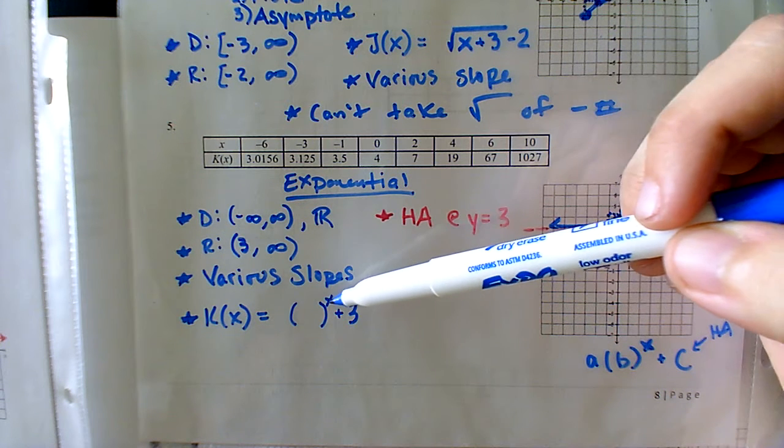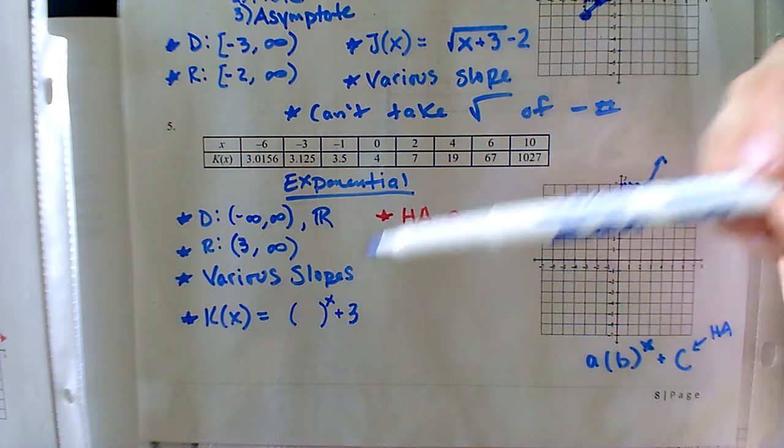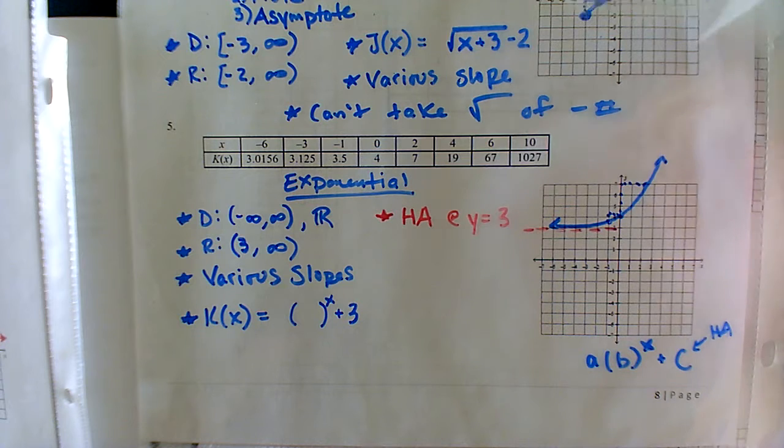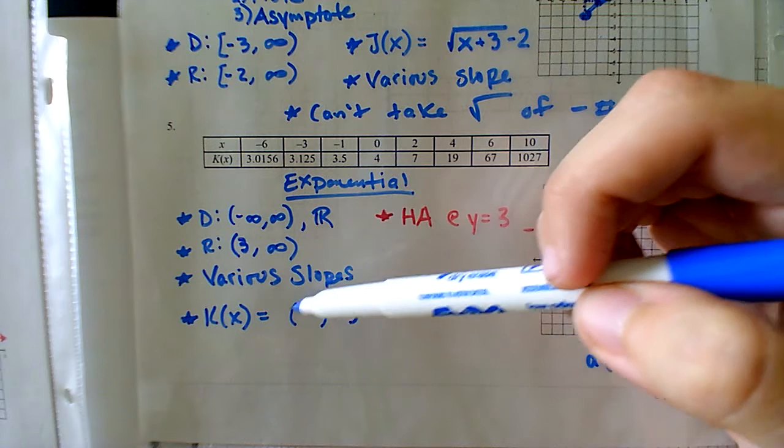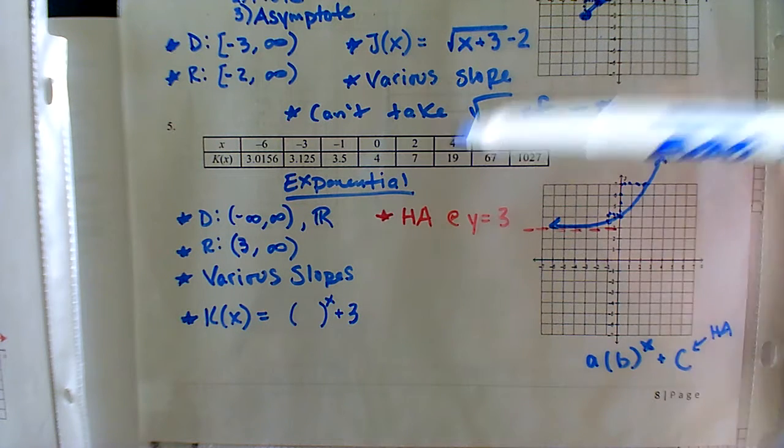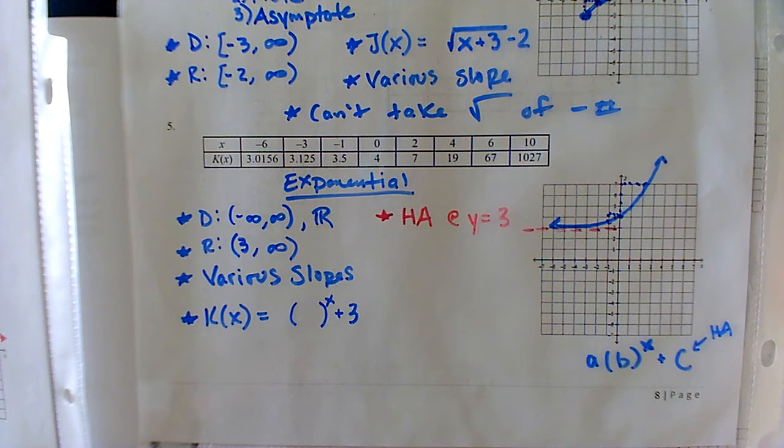If we were to plug in 2 for this x and then add 3, our answer should be 7. So we need to figure out what base number we would need in order to get this table of values to be true. So do we want to just guess some numbers? Can we start with these ones?